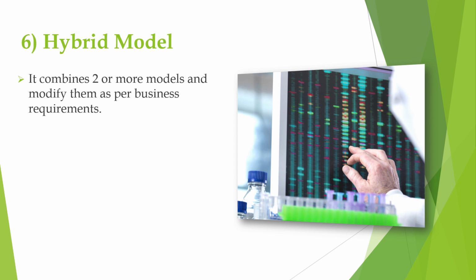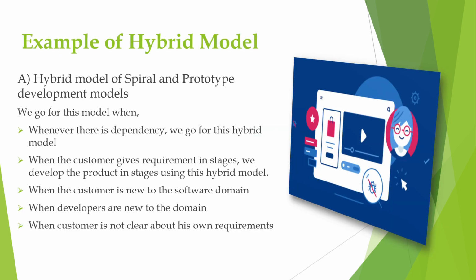Now let us see a hybrid model of the spiral and prototype development models. When will we go with this type of model? We go with this spiral and prototype hybrid model when there is dependency between the features. And when the customer is giving his requirement stage by stage.